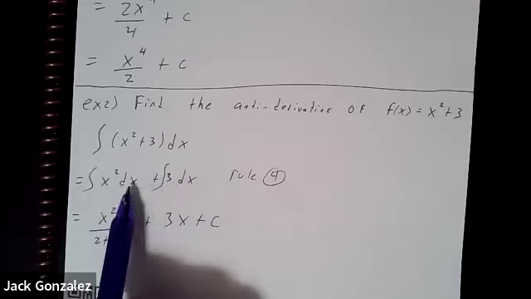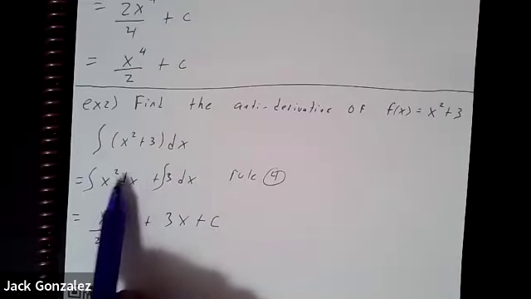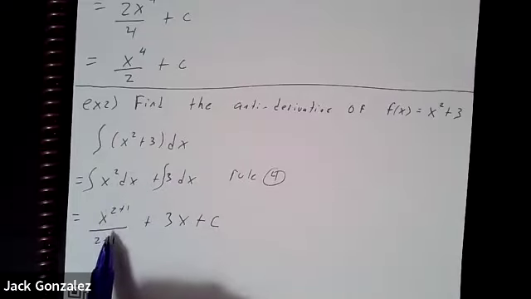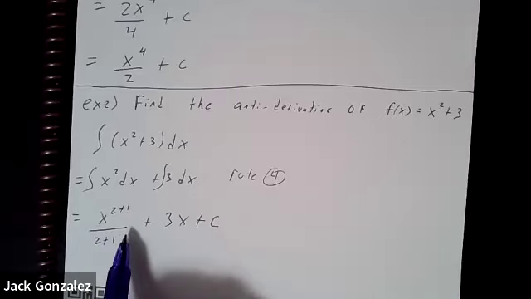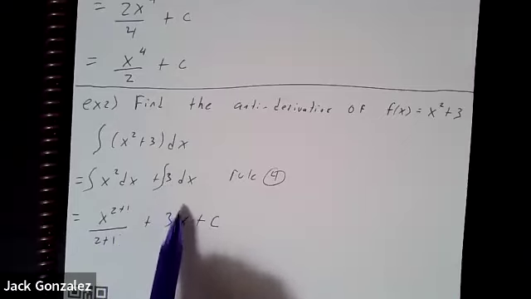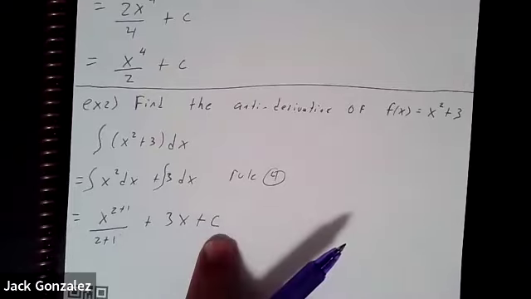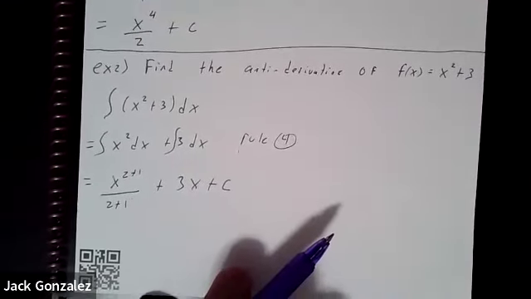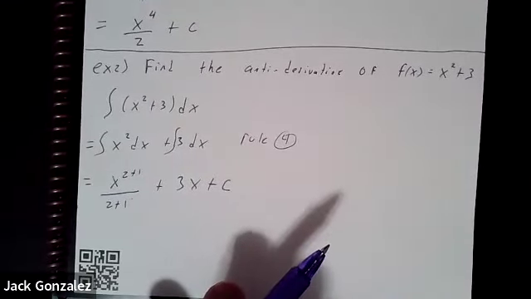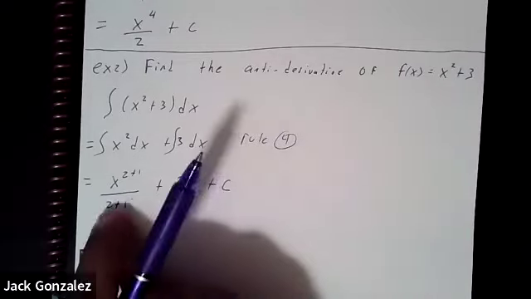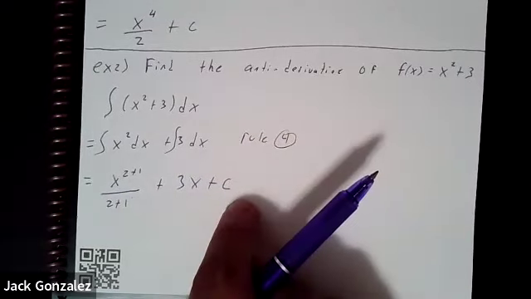So you could call this the first integral. You could get the x cubed over 3 plus c1. This could be 3x plus c2. And then you can just say, well, you know what? Let c equal to c1 plus c2. So now it's c. But I think it's easier to just think about it this way. Do them separately. Add a single c at the end.